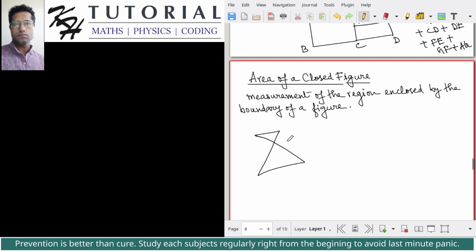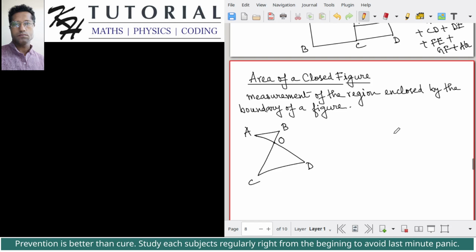The figure is intersecting itself at this point O. Now let's say the line segments forming this figure are AB, this is C, D and O.